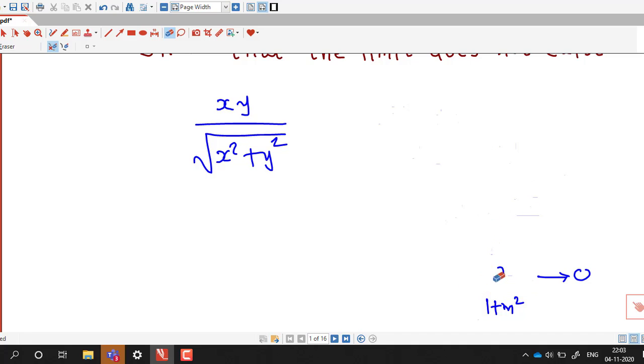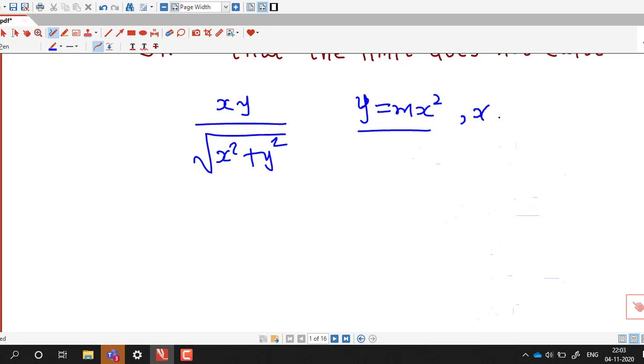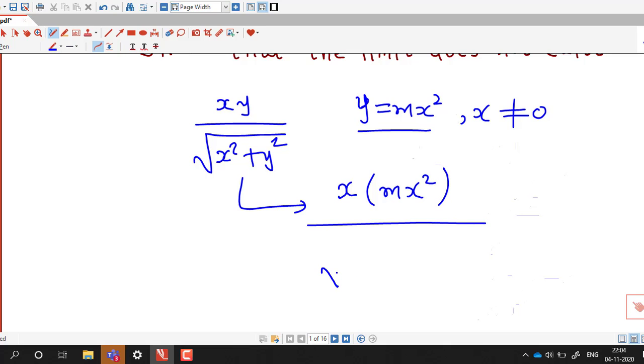Now we check along all the parabolas. We are just roughly checking to get the idea whether there are chances that limit exists or not. So now we try for limits along parabolas, y equal to mx square, x is non-zero. If we put y equal to mx square, we have x into mx square over square root of x square plus y square, that is m square x raised to 4.